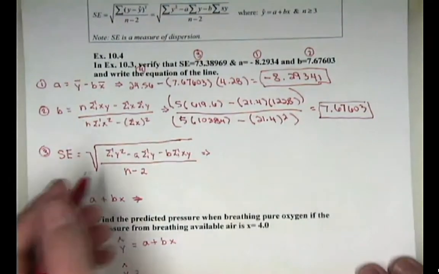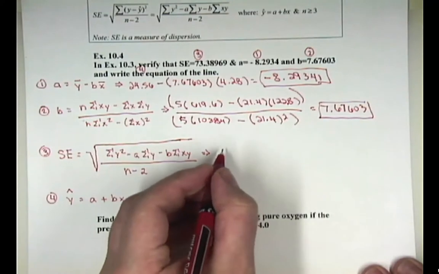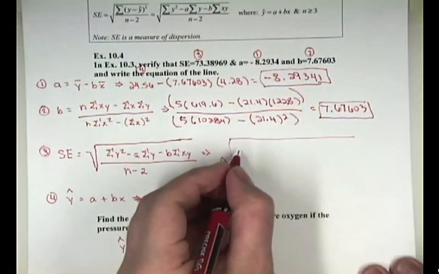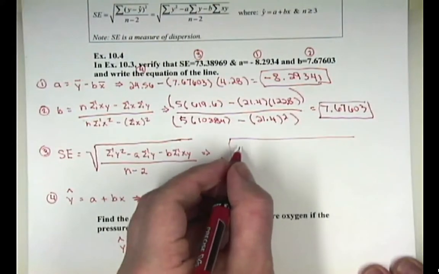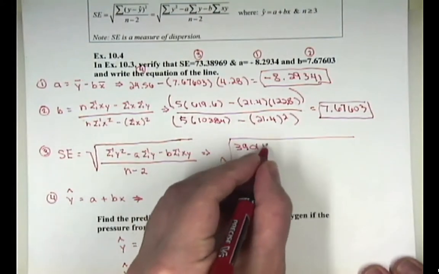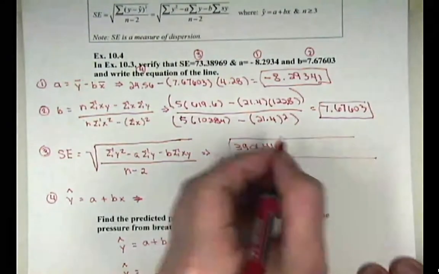Now you need A and B in order to do the standard error of estimate. So, big square root. The first calls for the sum of the y's squared. So each y value squared, and then you summed it together. So that's 3901.46. Big division line.